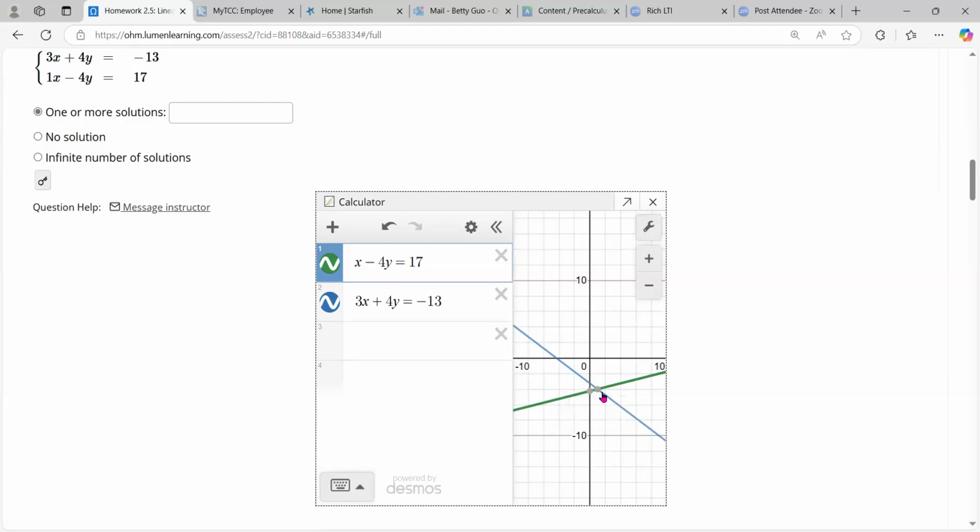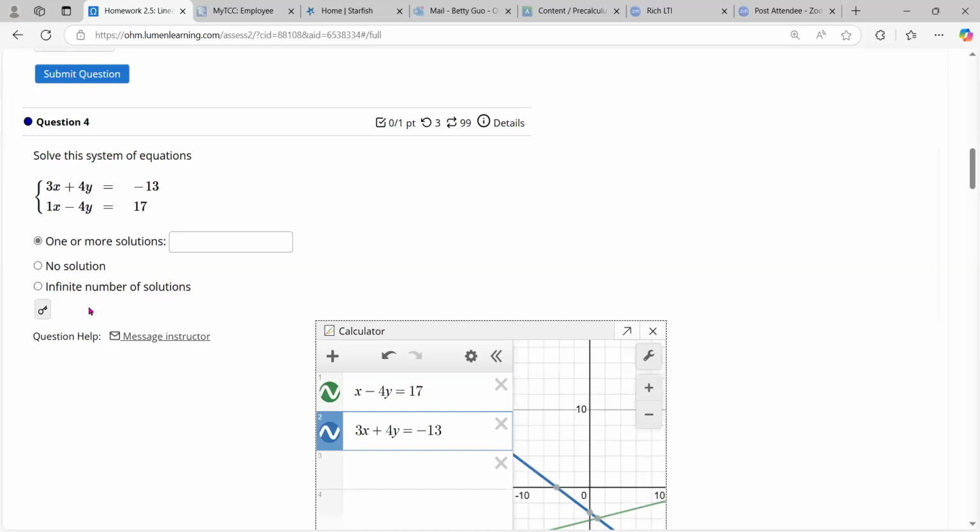You click the point here. No, this point. 1, -4. Don't click the wrong point. One solution, which is (1, -4), closed parentheses.